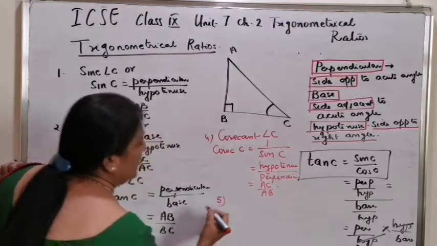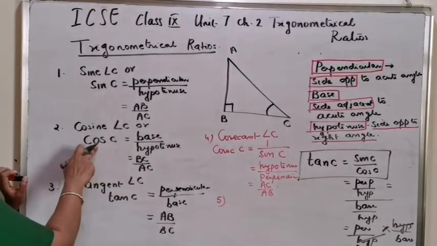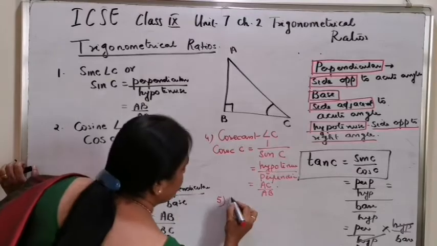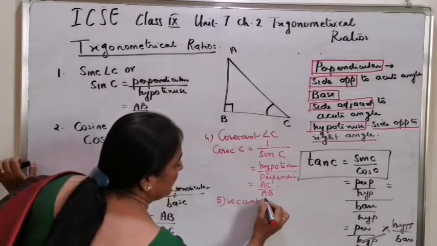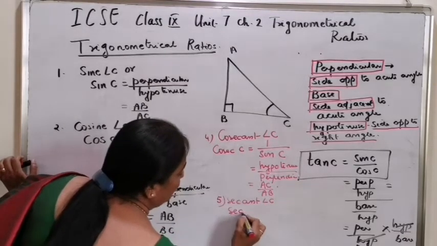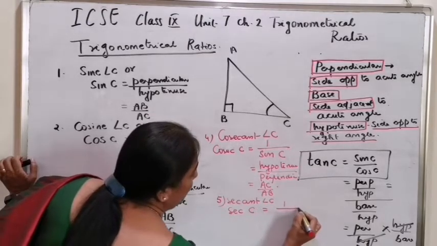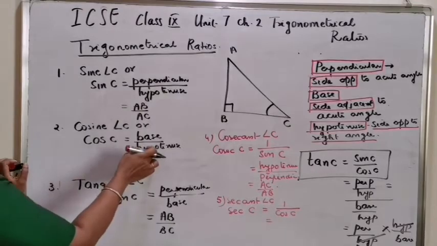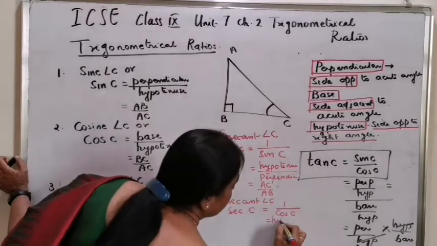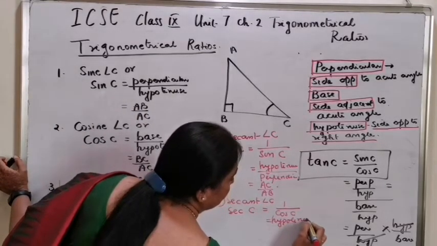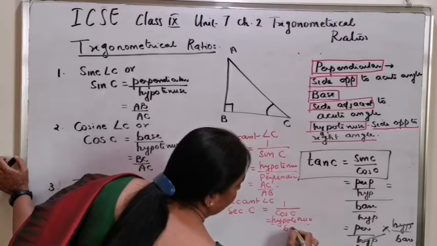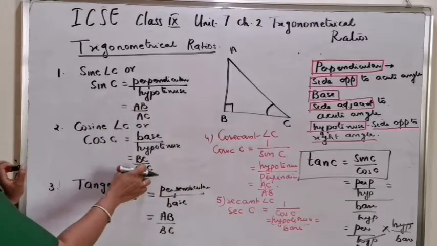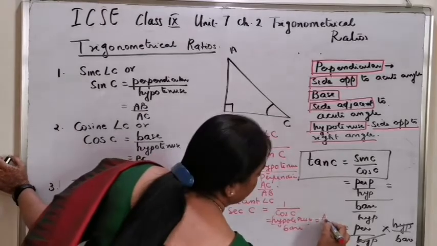The fifth one is the reciprocal of cos of an angle, that is named as secant C, or short form is sec C, is 1 by cos C, which is equal to hypotenuse by base, or the ratio of the side is AC by BC.